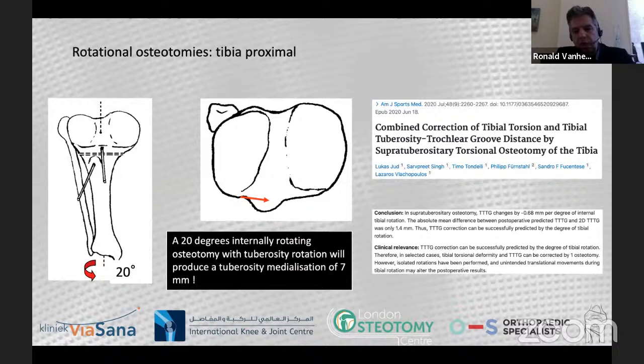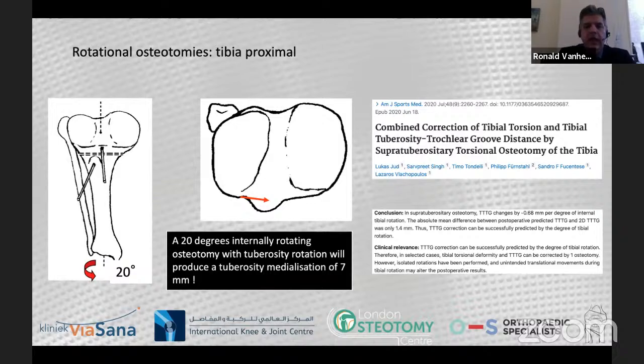So if you do 15 degrees, you will medialize 5 to 6 millimeters. From that, you can find a rule of thumb measurement that you can easily translate the tuberosity to within a normal value, a normal range, which you aim for when you do a rotation osteotomy.